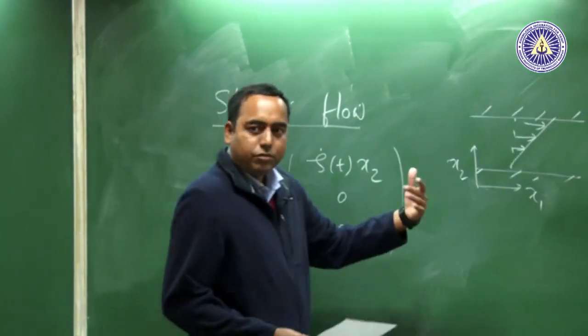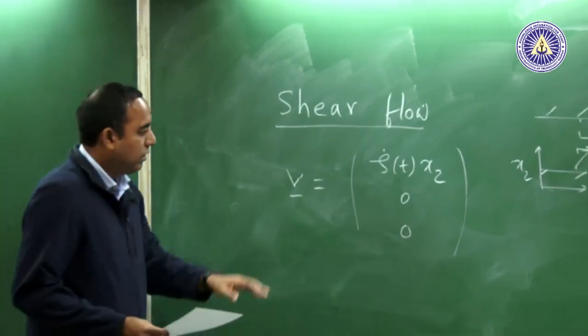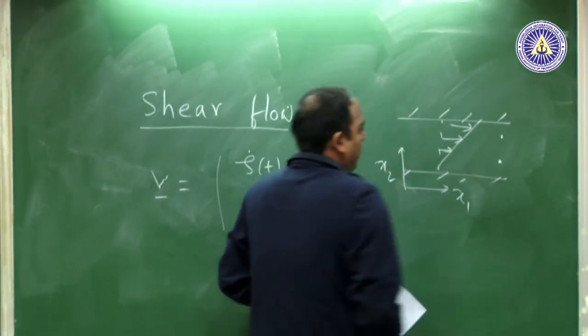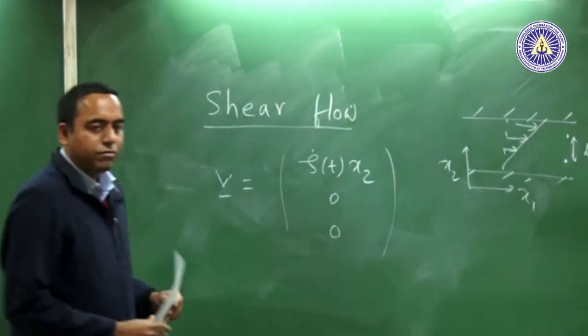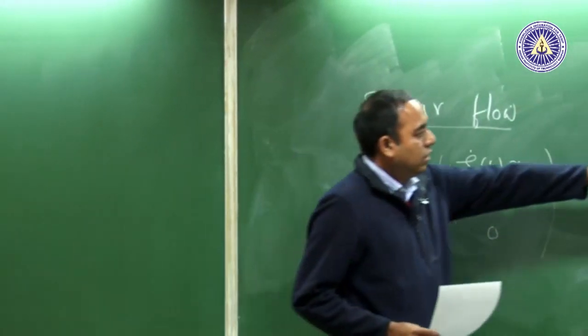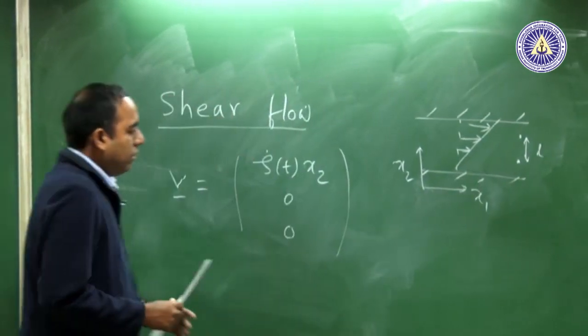The next standard flow that we have, the extensional flow, is much stronger, in the sense that if I have 2 points separated by, let us say, some distance L, in shear flow, in the limit of long time you can show that the separation distance between the 2 points would grow linearly in shear flow.